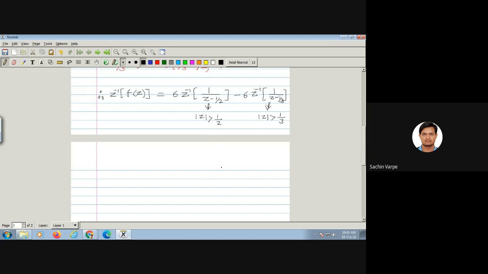So what I will have to do? I'll have to divide by mod z on both sides, right? For this one, I'll have to divide mod z on both sides. And here also, I'll have to divide mod z on both sides. So what I'll get here? 1 is greater than or equal to 1 upon, yes, I can write like this.